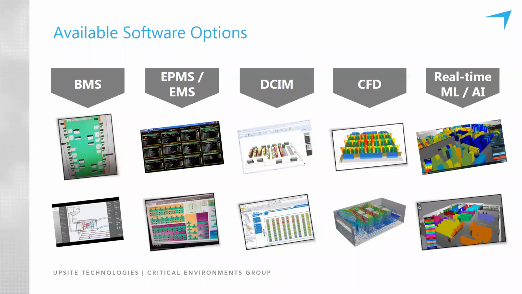Then you've got the all-encompassing DCIM tools, and that started out as a heavy buzzword, and then it became like the D word that you don't want to use, right? So it's an all-encompassing tool set used to monitor, measure, manage, and sometimes control data center utilization, maybe manage energy consumption.